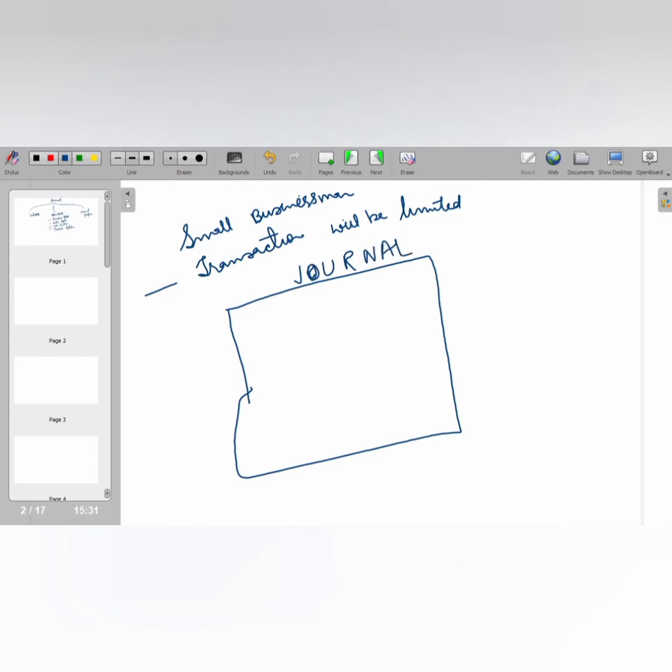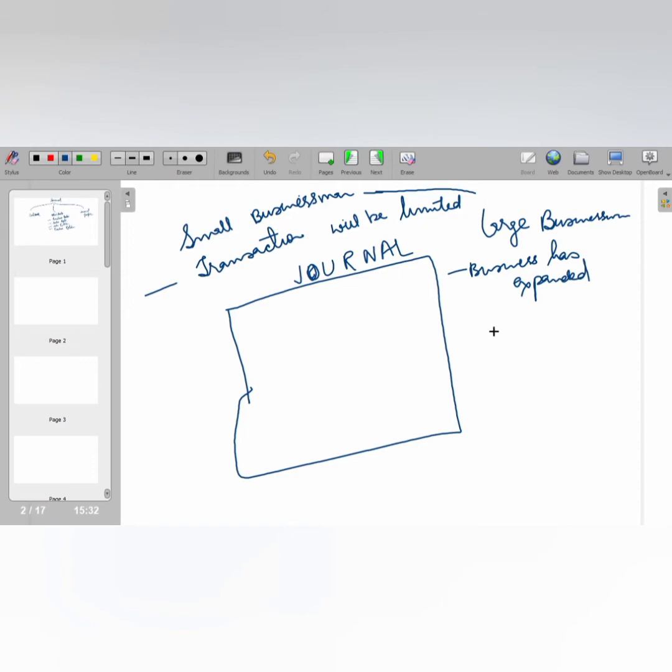But what if this small businessman converts into a large one? Now he becomes a large businessman and his business has expanded.